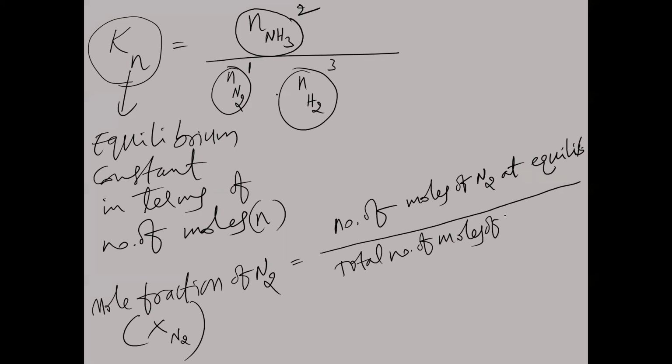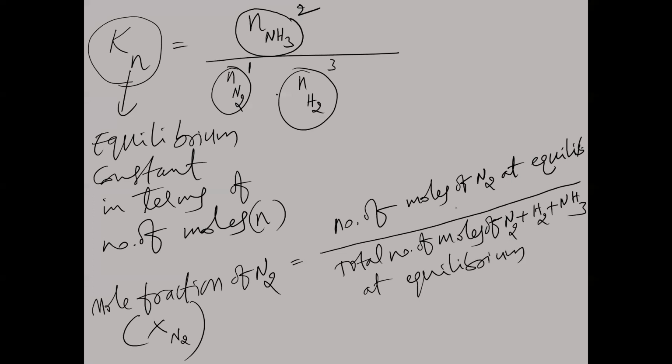Total number of moles of what? N2, H2 and NH3: the number of moles of nitrogen plus the number of moles of hydrogen plus the number of moles of ammonia at equilibrium.